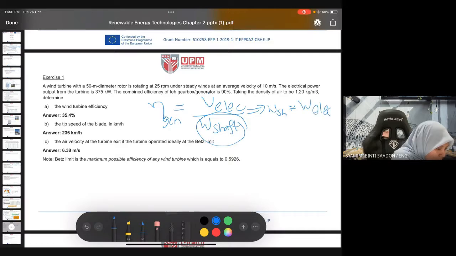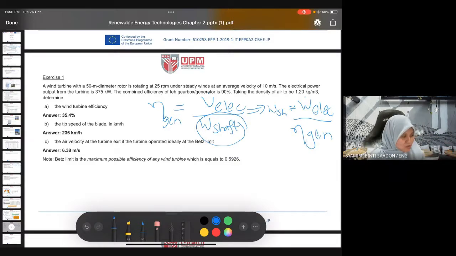So electrical power just now over the efficiency. Okay, so we have this shaft power. But not the answer yet. We have the shaft power, and then we have to calculate the area of the blade.